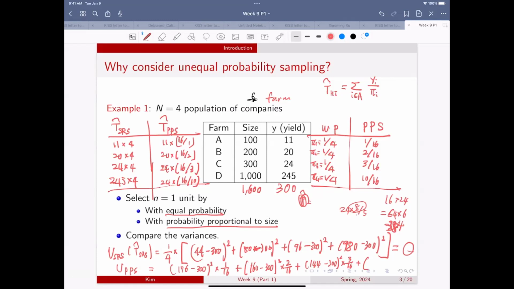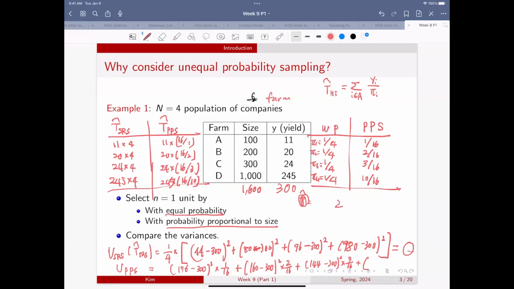Yeah, it's a little bit strange. Okay, 245, which is even, so I think it's okay.